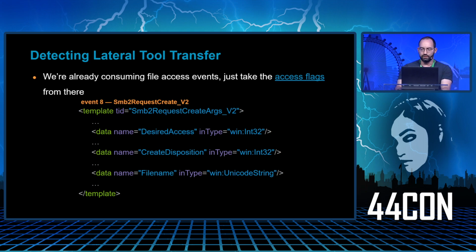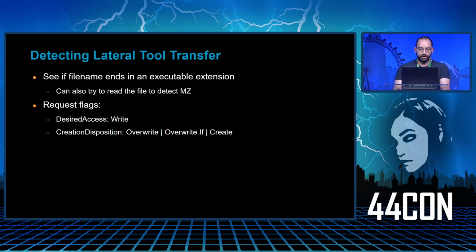We just need to take a look at the access flags, which are also logged as part of the event, and see if we have any files that are being opened for write access with the disposition of create file or override file.